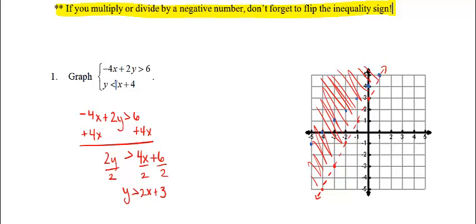Okay, this inequality is less than. It's still missing that or equal to, so it's also going to be a dotted line. And this time it's less than, so I want to be less than 4. My y-intercept is 4, 5 would be greater, less would be 3. So I'm going to shade everything that's below that blue.